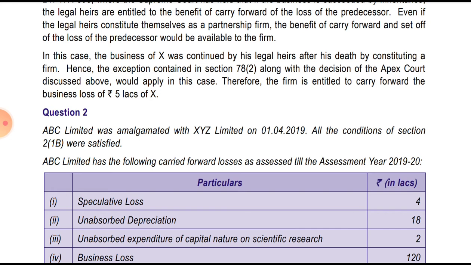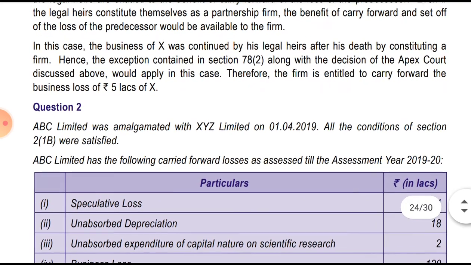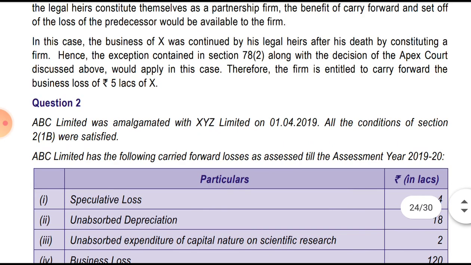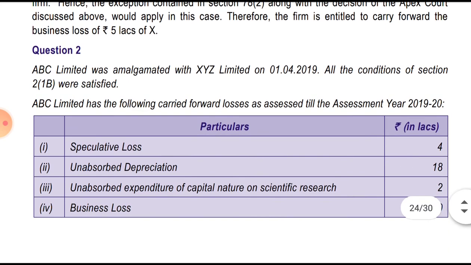Hence, the exception contained in 78(2) and the decision of the apex court would apply in this case. Therefore the firm is entitled to carry forward the business loss of 5 lakh rupees of X. The conclusion is the business loss can be carried forward.